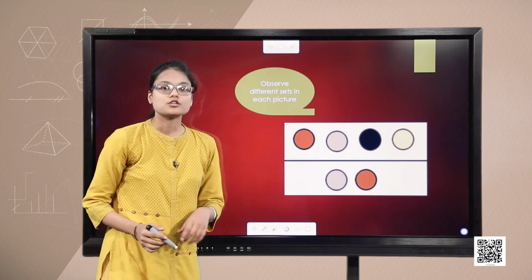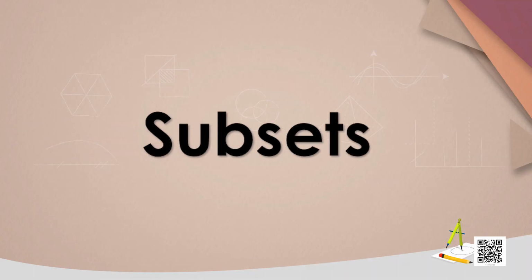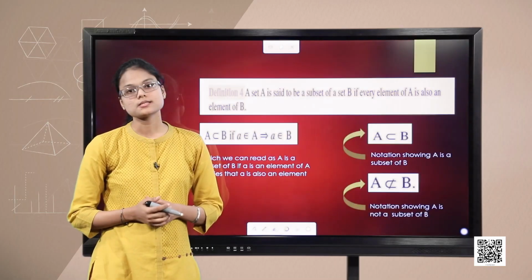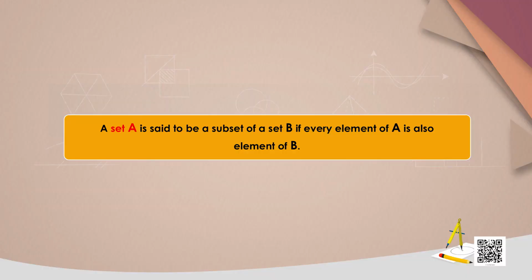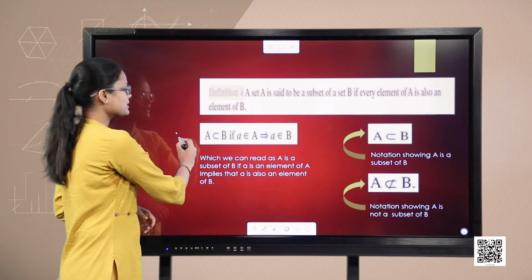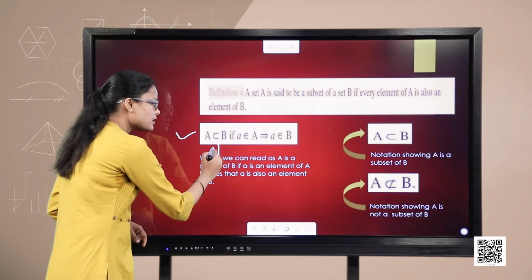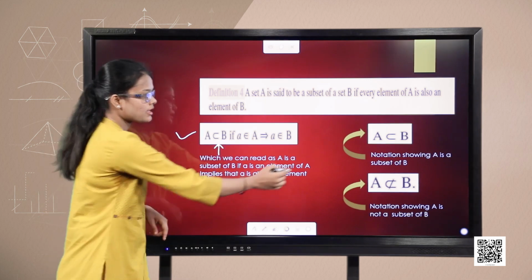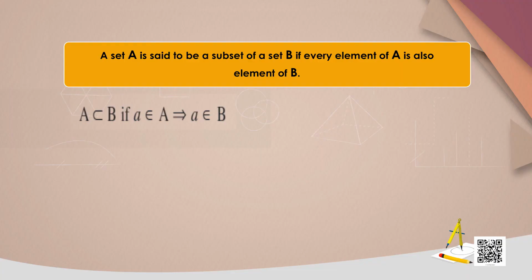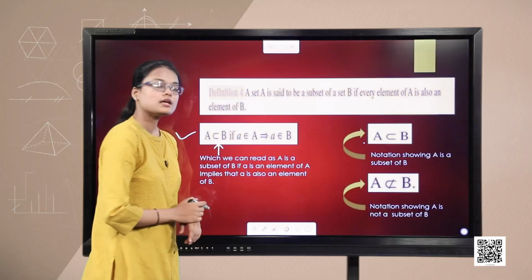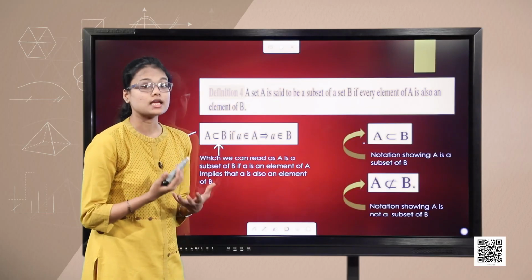Okay? So, what is the definition of a subset? The definition states, a set A is said to be a subset of B if every element of A is also an element of B. Mathematically, we write like this: A ⊂ B. Notice this symbol. This is the notation which states that A is a subset of B. Sometimes it is also said to be contained.